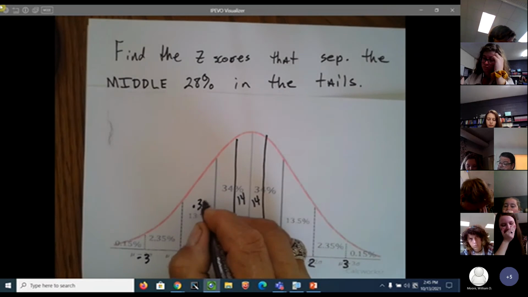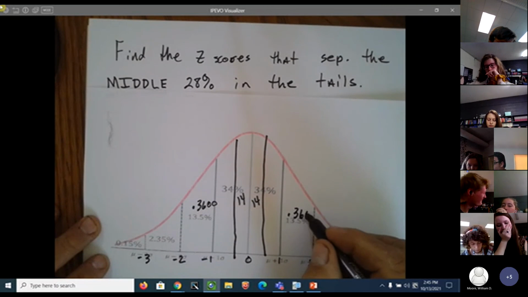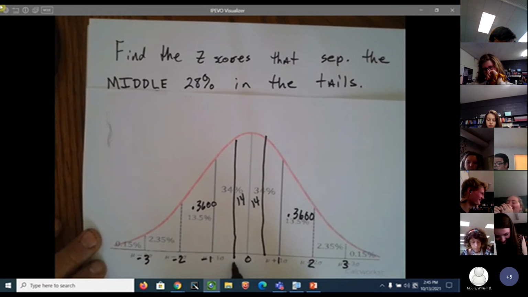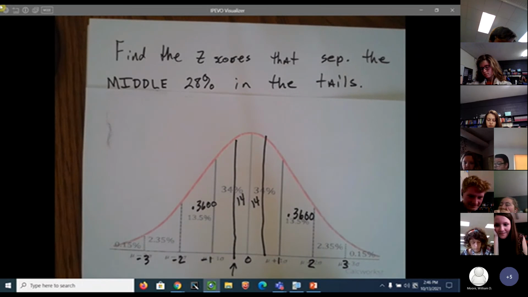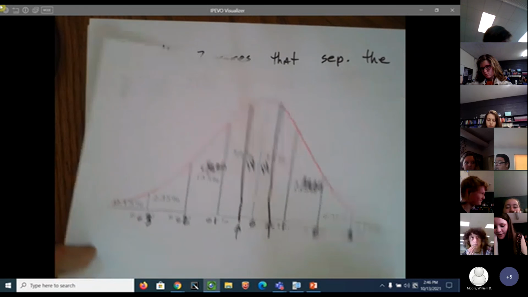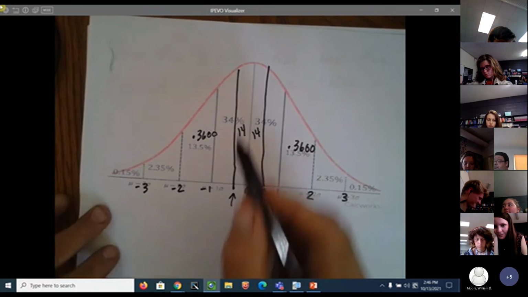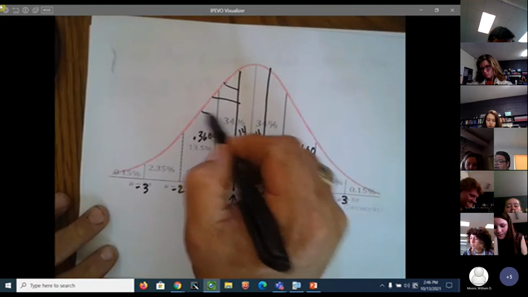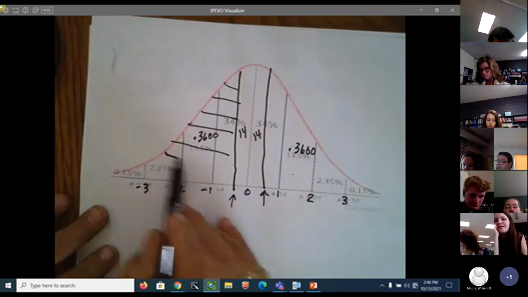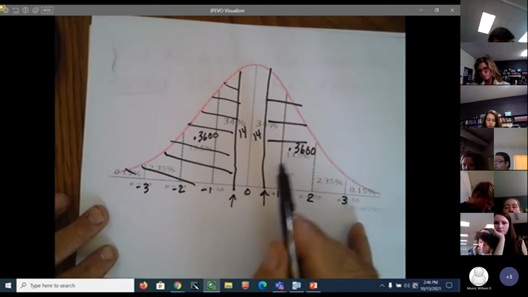So this is 36, and this is 36. And we want to know this z-score right here, and this z-score right here. Since these are symmetrical, all we got to find is 1, because this one's going to be the same.